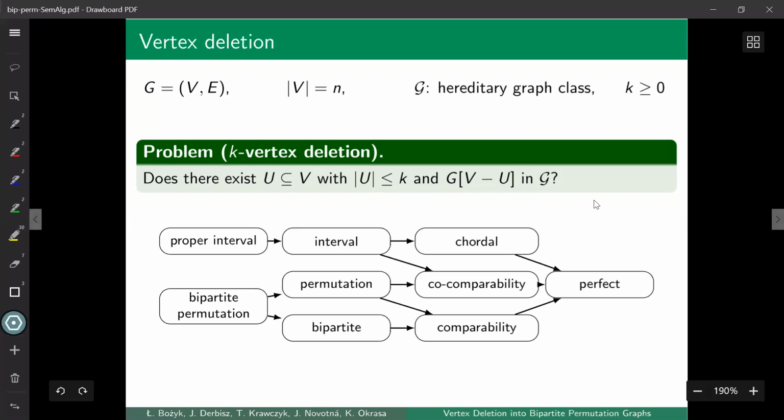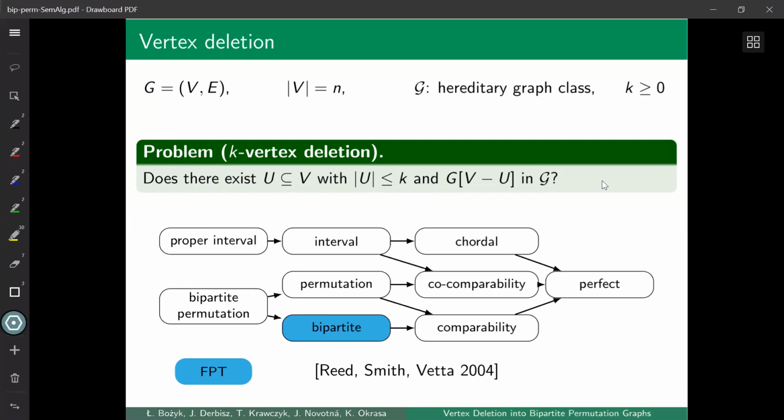What we know about this k-vertex deletion problem, and what was arguably the first result about it, is that bipartite graphs admit an FPT algorithm in k for vertex deletion. It's called odd cycle transversal most of the time.